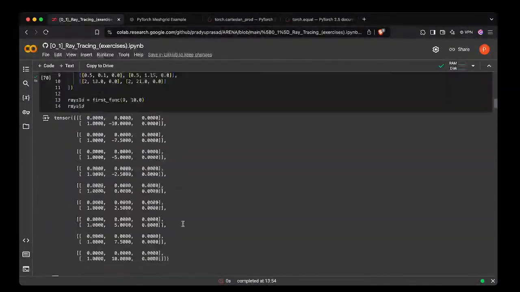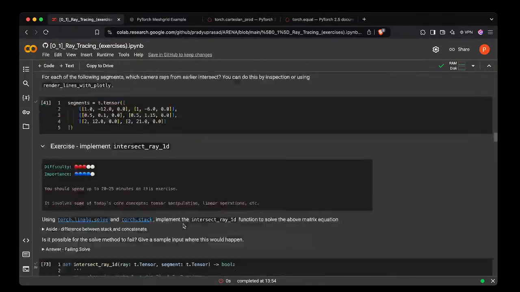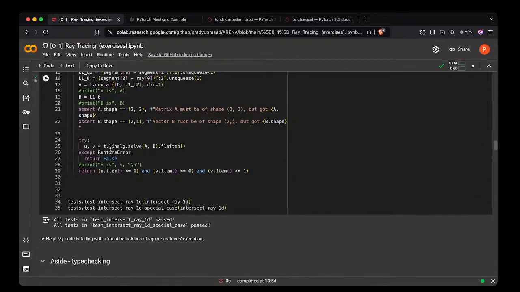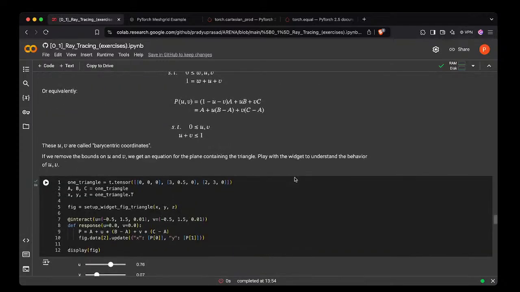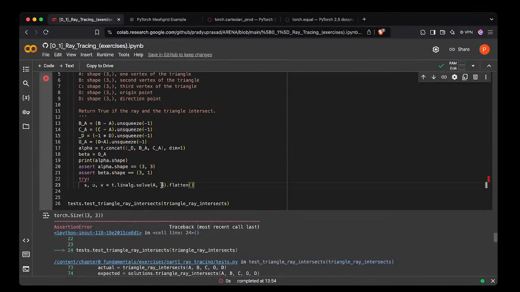I keep forgetting. So here we are. Comma beta dot flatten. Right?